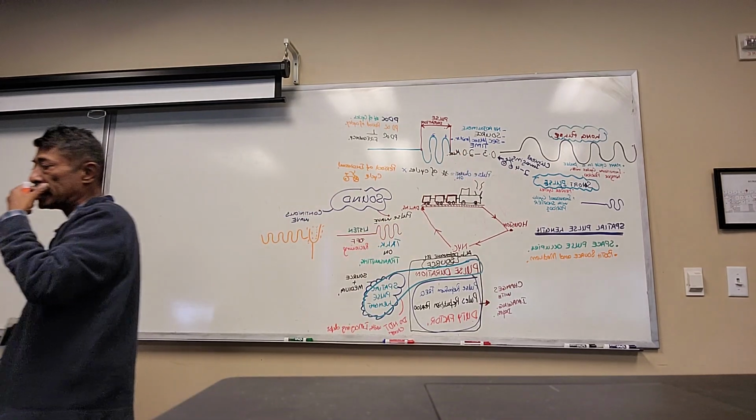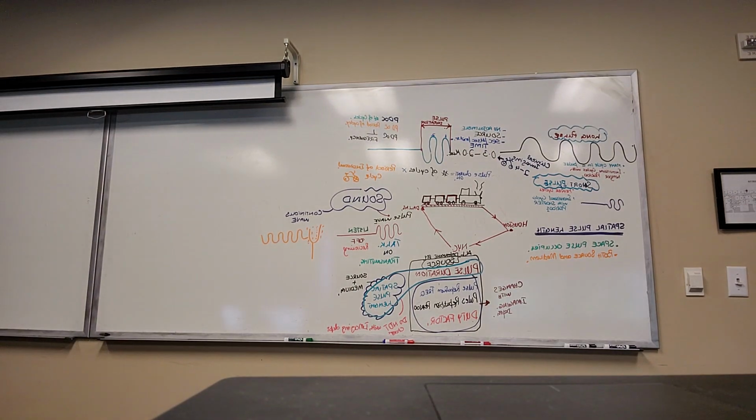So if I say that spatial pulse length is directly proportional to the number of cycles, the greater the number of cycles, the greater the spatial pulse length, would that be right? Yes. Okay.